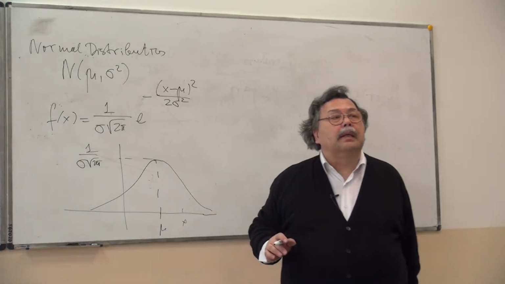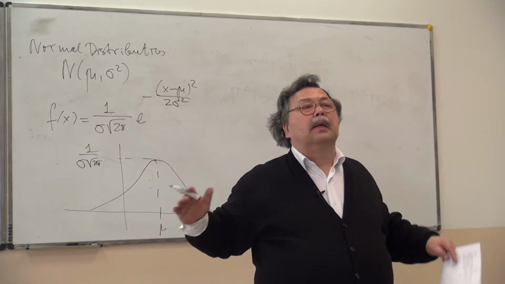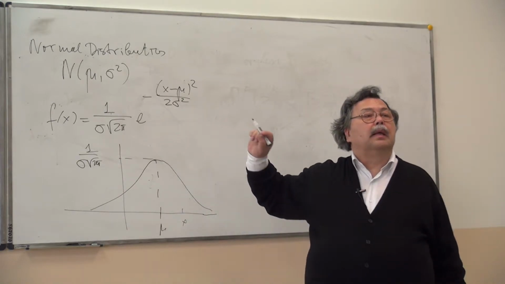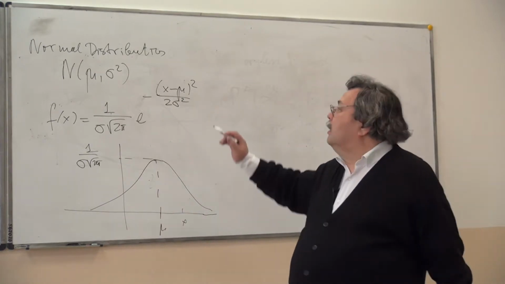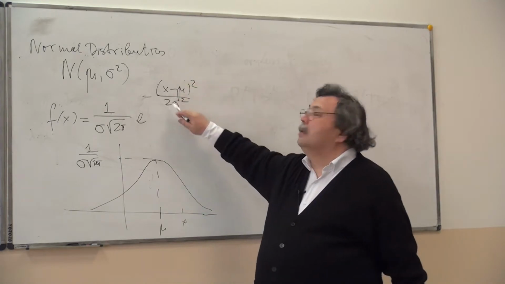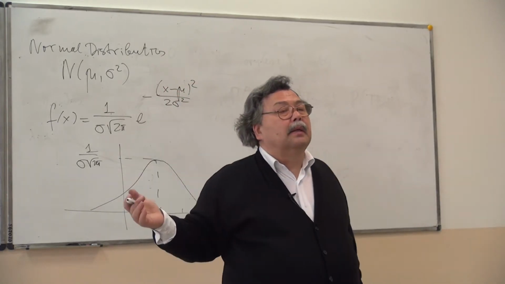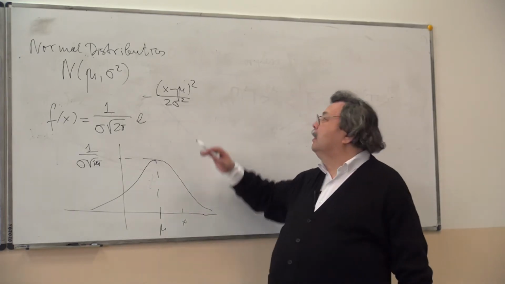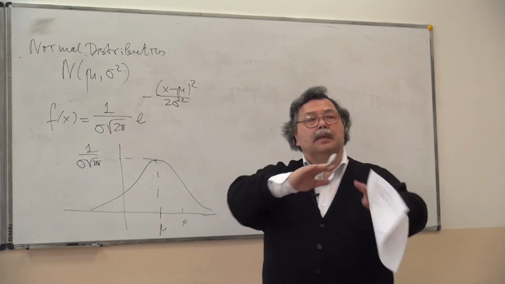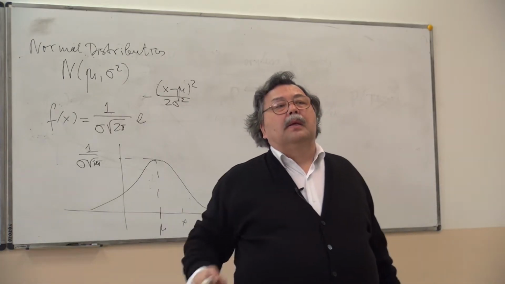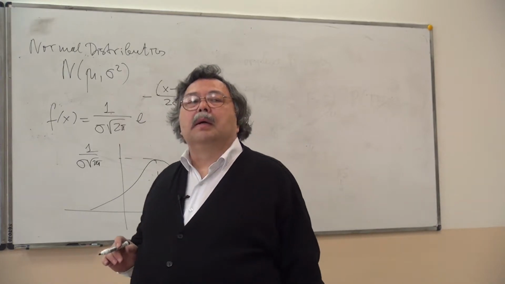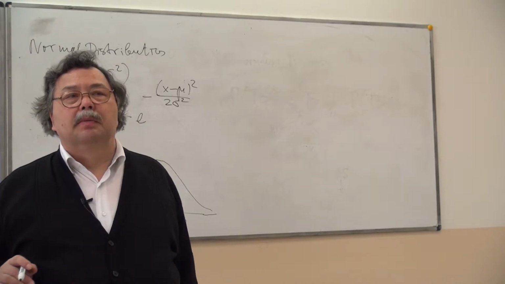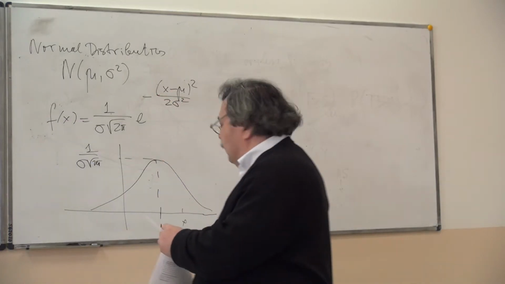Now, how quickly does it fall down? The answer depends on the value of sigma here. If sigma is a small number, then this value here becomes large very quickly, and this function falls down to 0 quite quickly. On the other hand, with a large sigma, it's more spread out. This is my attempt to make some meaningful, intuitive conclusions from this formula.